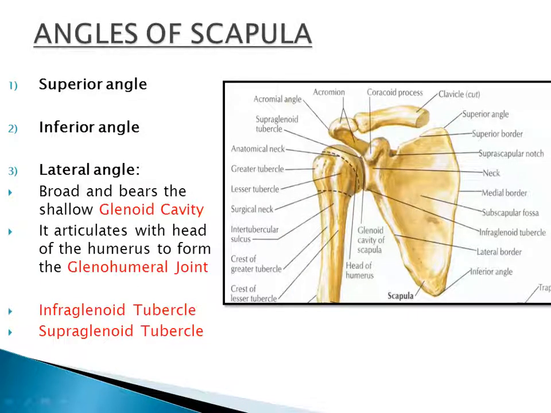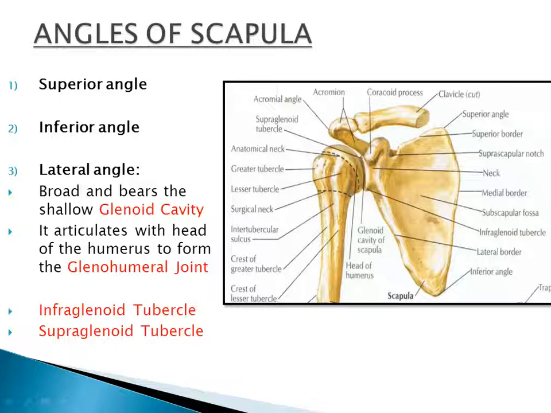So first we are going to discuss the angles. As I said, it has three angles: superior angle, inferior angle, and the lateral angle. The superior angle is positioned medially and is on the superior aspect, on the upper part of the scapula.